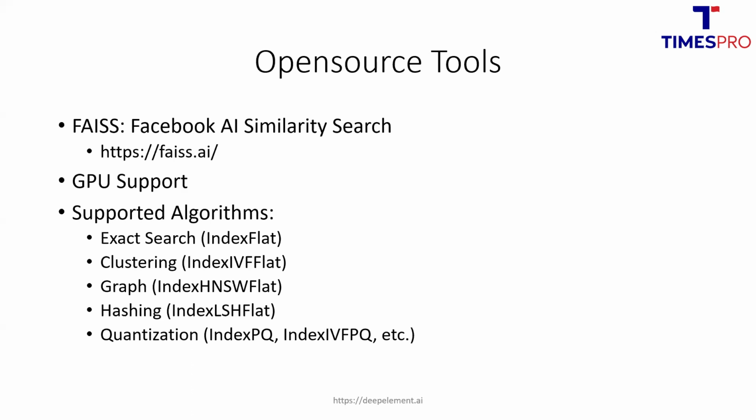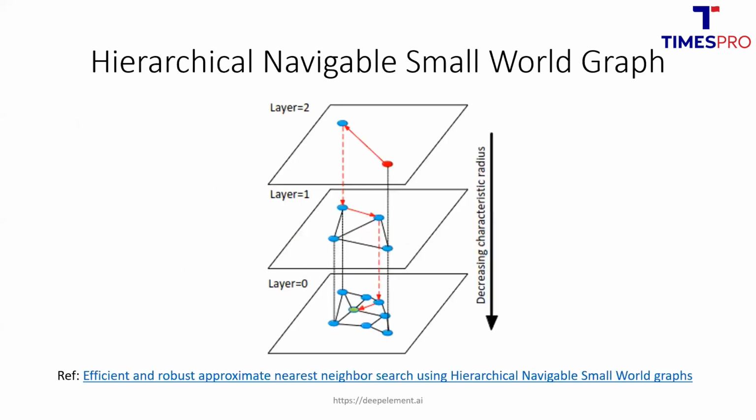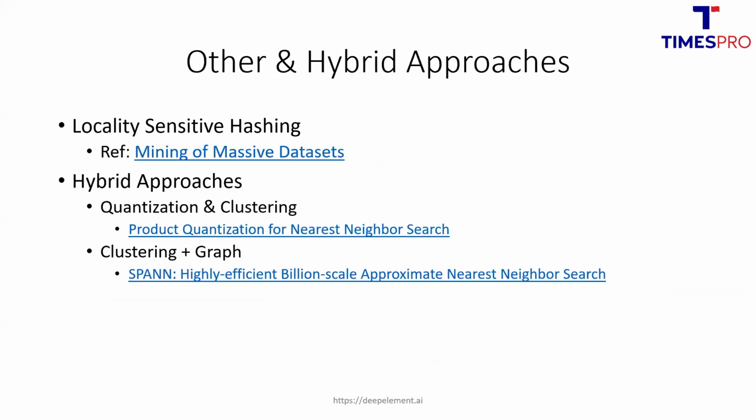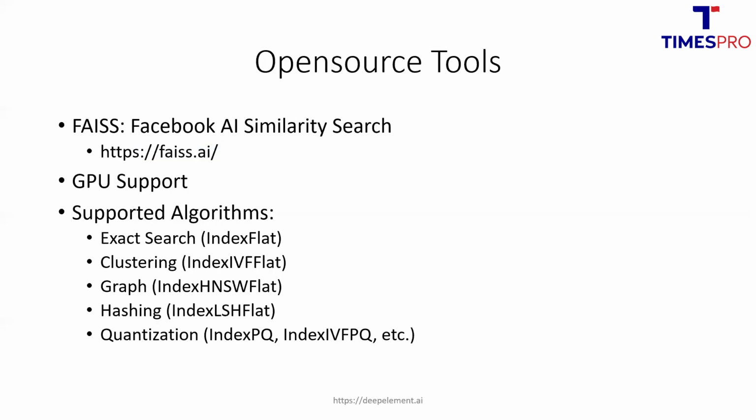When it comes to open source tools, the NOI algorithm that we have seen has its own open source repository. If you want to try NOI, the entire code base is available online on GitHub. You can try that. But what I would suggest is take a look at the Facebook AI Similarity Search library, FAISS.